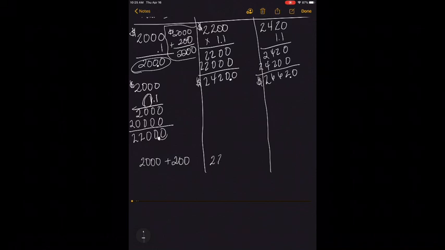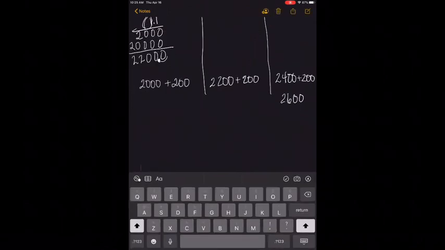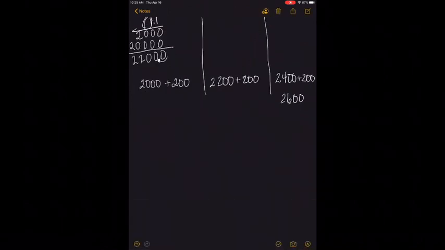So she would have started with $2,000. Then this year she would have $2,200, but she would only get $200 again. So this year she would have $2,400. She would have gotten $200 again, and at the end of the year she would have had $2,600.